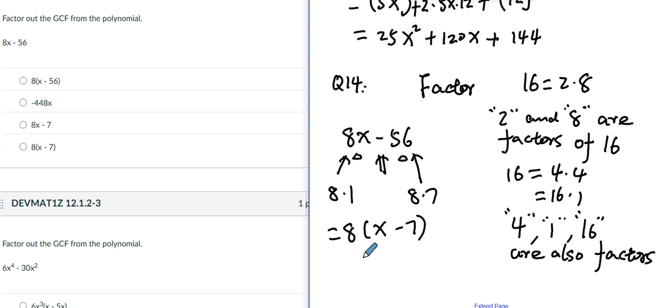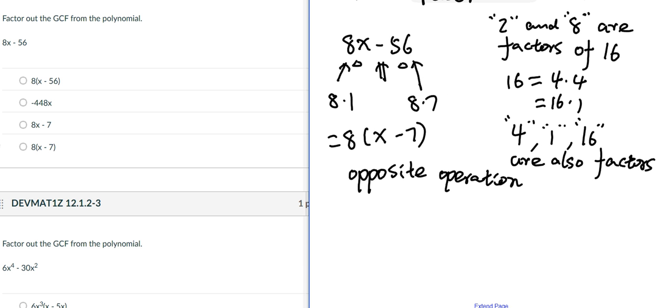And this is the opposite operation. We want to get ourselves familiar with those terms.